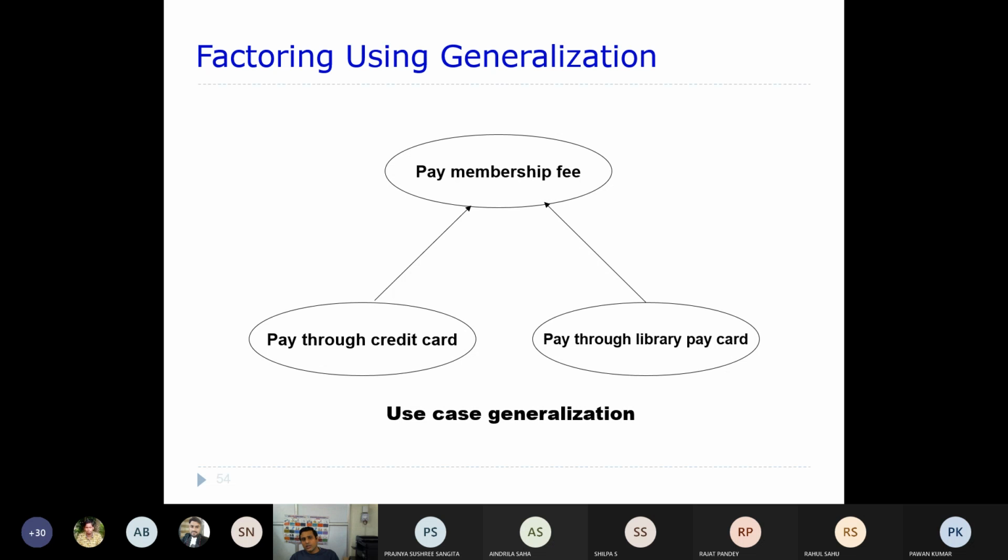Let's say you wanted to pay your membership fee. Maybe you have created a library card, then you can pay through your library pay card, or you can pay through your credit card. These are the two ways.